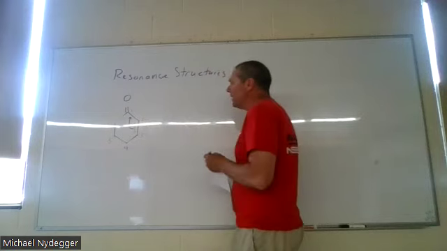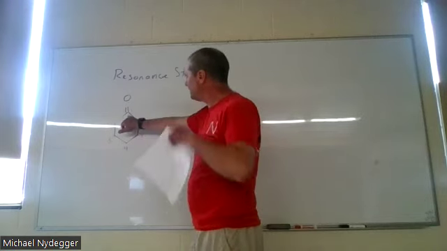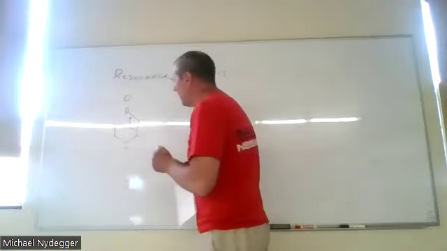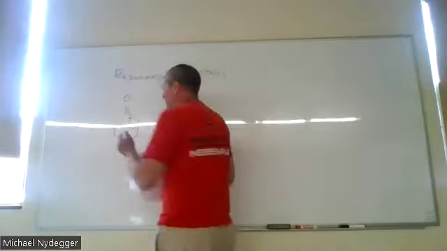Now, that's going to cause this carbon to have 5 bonds. Well, carbon can't have 5 bonds. It can't have 10 electrons in its valence shell.